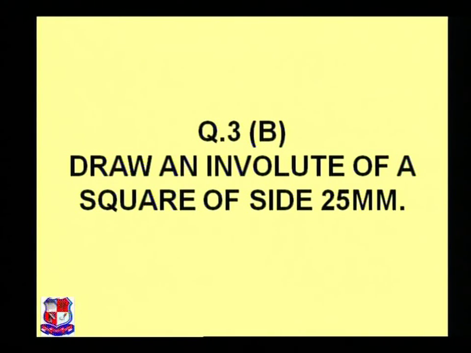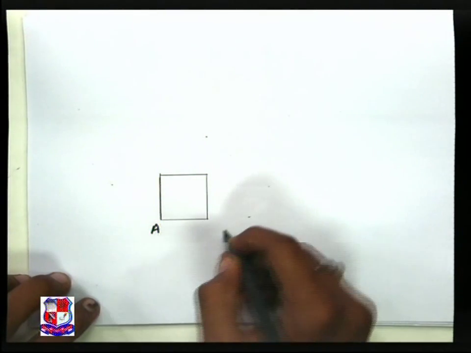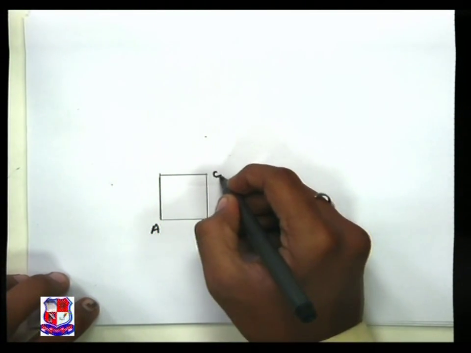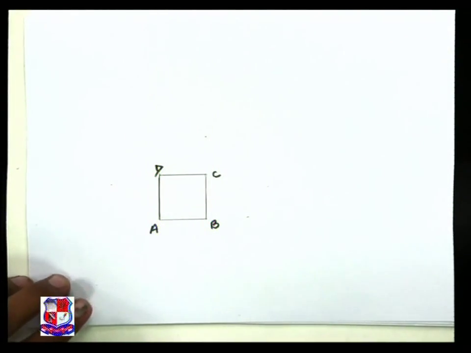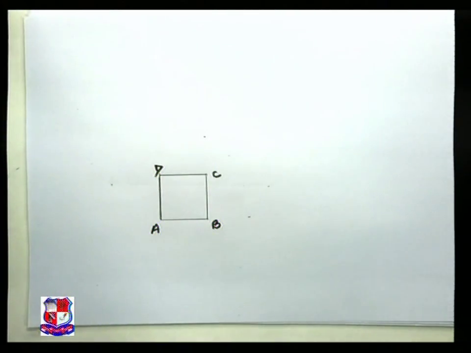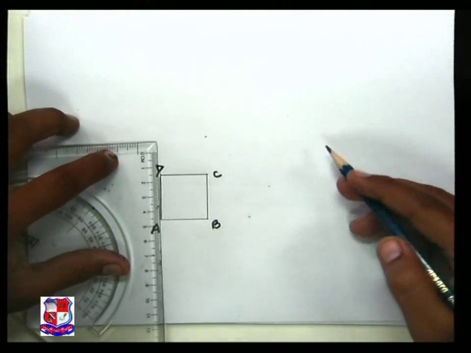Name it as A, B, C and D. Let's extend the lines.